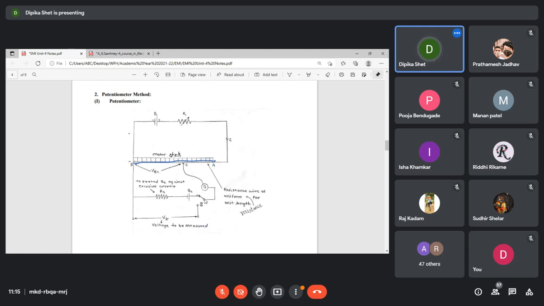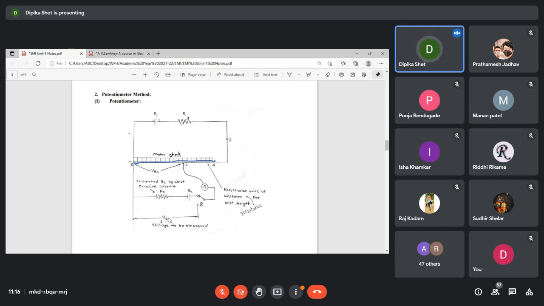Now this switch S provides two contacts. It can be connected to our standard cell B2, or to the other side, Vx, which is the unknown voltage to be measured.